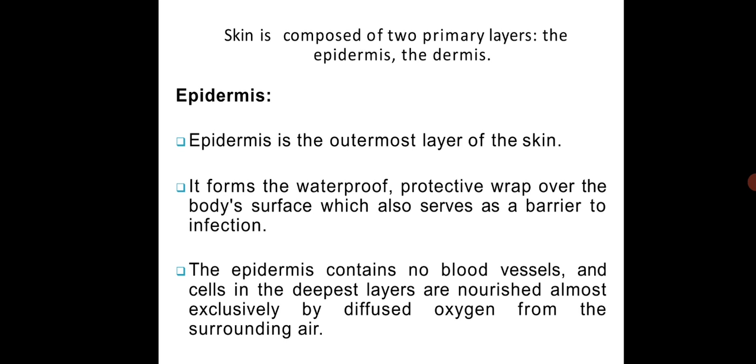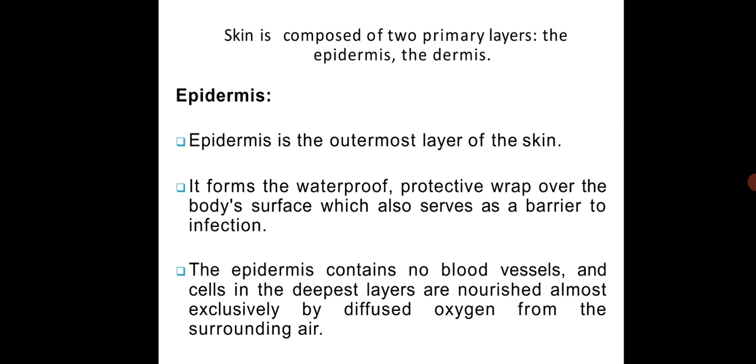So skin is composed of primary three layers, but today we will discuss these two, which are an important aspect while considering B-pharmacy human anatomy and physiology: the epidermis and the dermis. Epidermis is the outermost layer of the skin, or we can say that the entire human body is covered with the help of the epidermis.